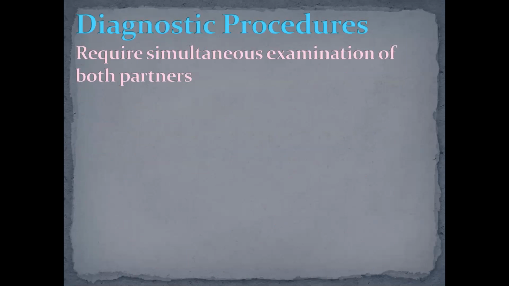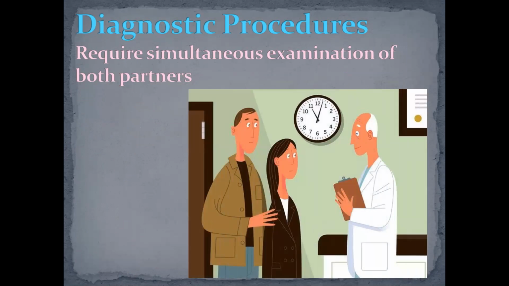What are the diagnostic procedures for the diagnosis of infertility? Diagnostic procedures require simultaneous examination of both partners, and that's why when the couple comes to the hospital and has the first visit to the physician, first of all we should check the partner for the quality of sperm.